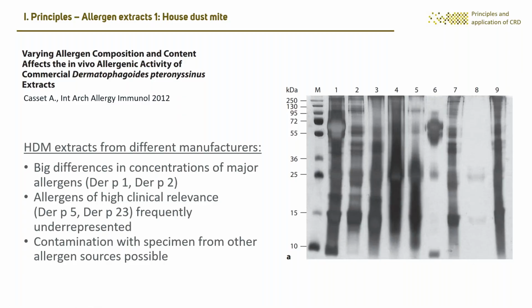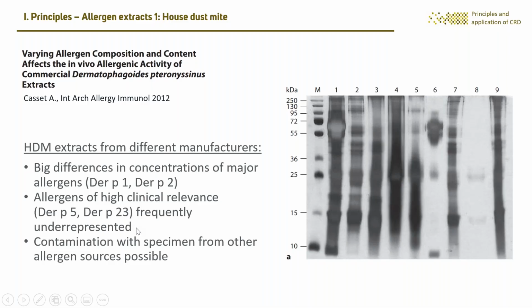And if you look at greater detail at the allergen content of these different commercial products, you see that there's a considerable discrepancy, not only in concentrations of clinically relevant allergen molecules, but even worse, in some products, some allergens which are clinically relevant are even missing. And one prominent candidate, which was frequently absent in allergen extracts, is Der p 23.